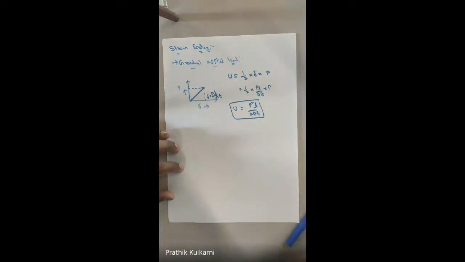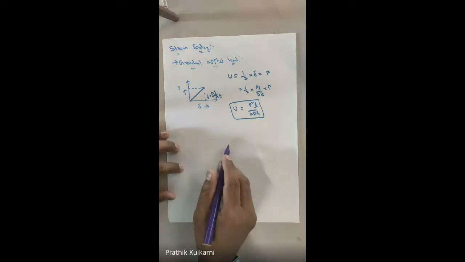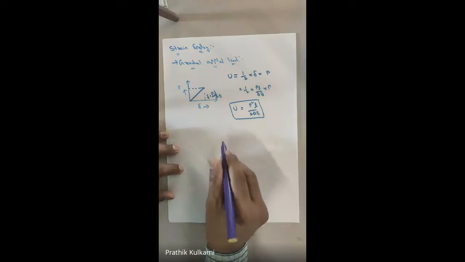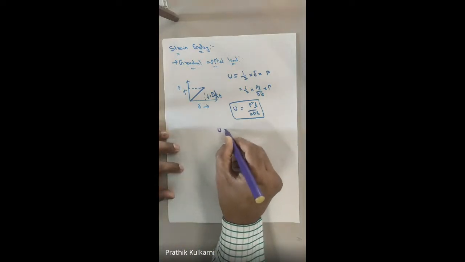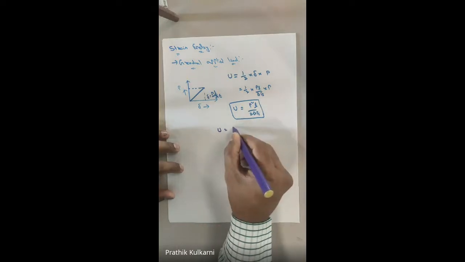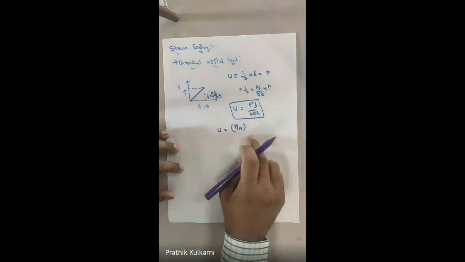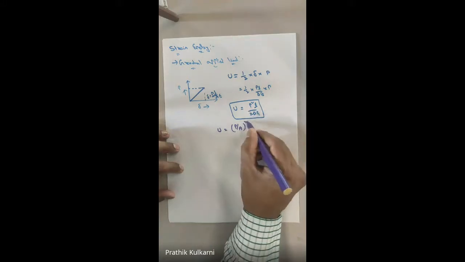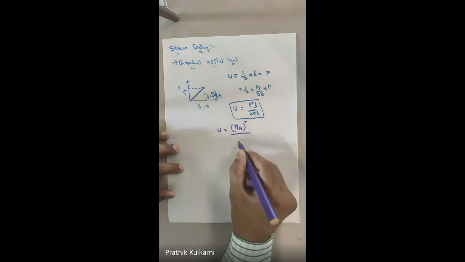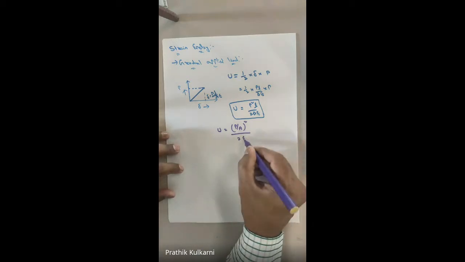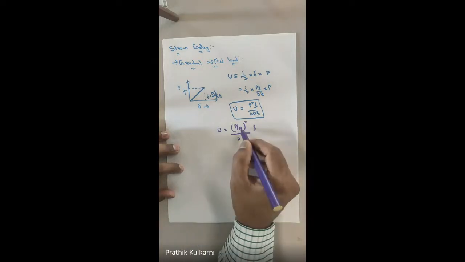Similarly, if you want this strain energy in terms of sigma, because in your exam you have learned it in terms of sigma. So U is equal to, I'll make this P by A. I'll bring A up, so P by A whole square. Now what is remaining here? With the 2E down, L is remaining. What is the extra one we need?